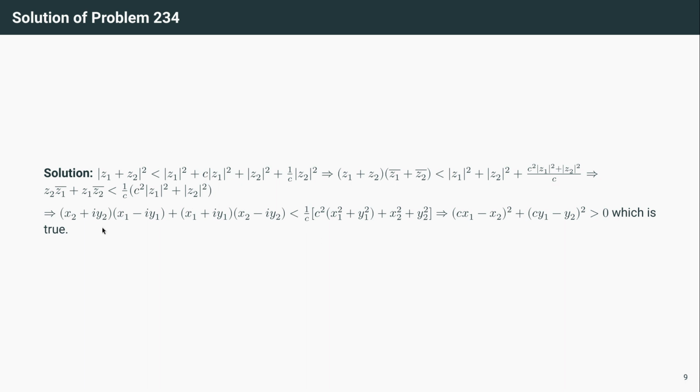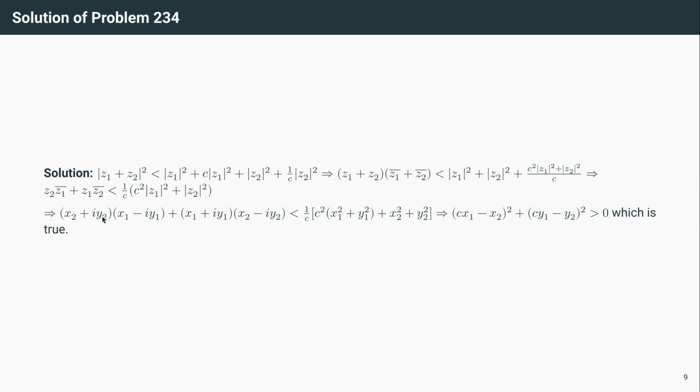Once you simplify this, you multiply and cancel out terms, and you add terms. For example, x1 into x2 will become x1 x2. iy2 into iy1 with the minus will become y1 y2. Similarly, here we will have x1 x2 and y1 y2, so that will become 2x1 x2 and 2y1 y2.